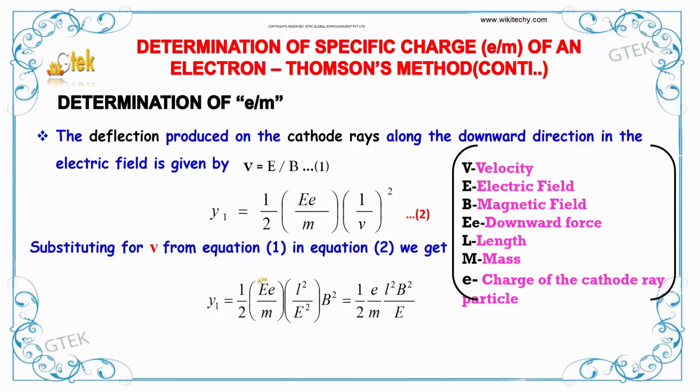Cancelling E, you get half into e divided by m, L square B square divided by E, where v is the velocity, E is the electric field, B is the magnetic field, eE is the downward force, L is the length, m is the mass, and e is the charge of the cathode ray particle.